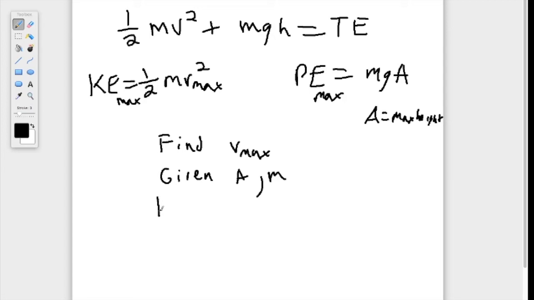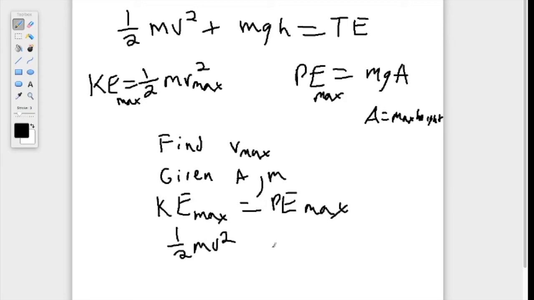At that point, KE max equals PE max. And then you could do 1/2 mv squared equals mgA.